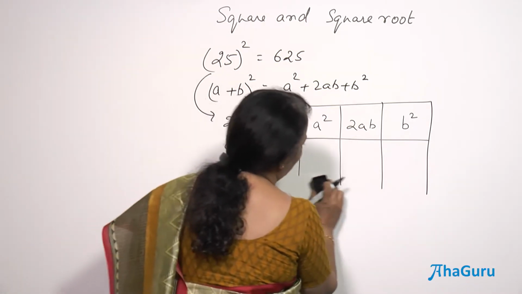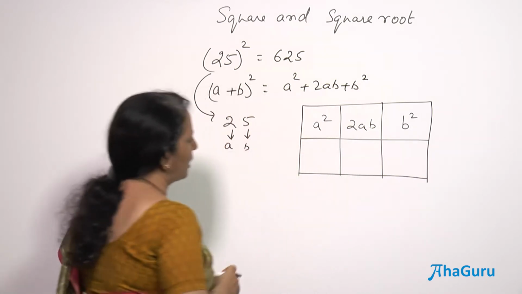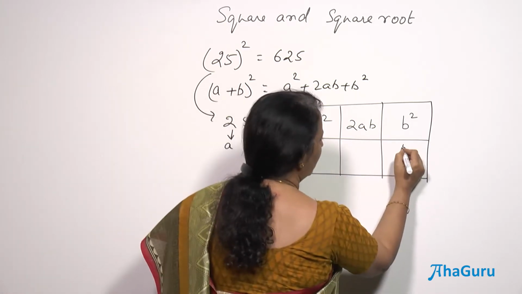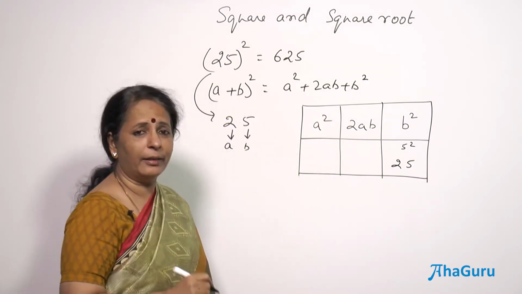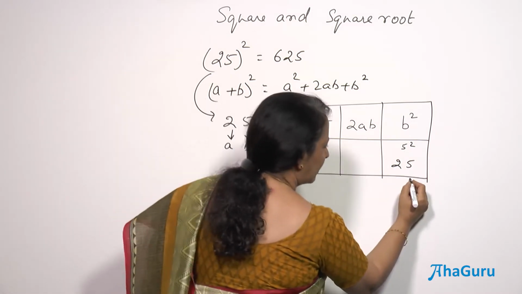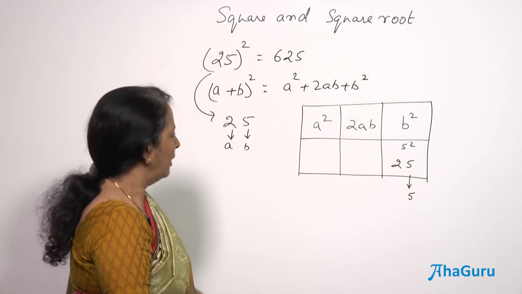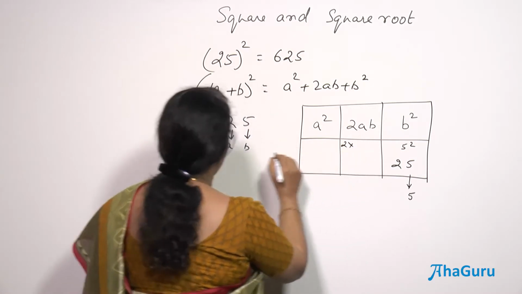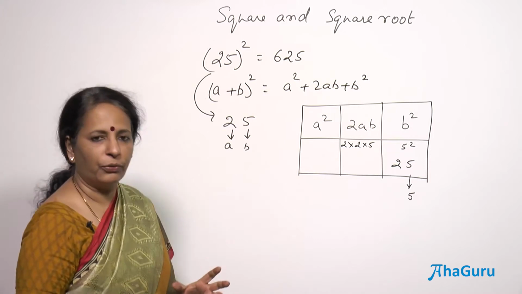So let us do that. We will start from this b square. We know what b is, so 5 square, which is 25. Having written 25, we will take the unit place 5 here and keep the 2 as it is. Let us find 2ab first. So 2 into 5: 2 2s are 4, into 5, 20.